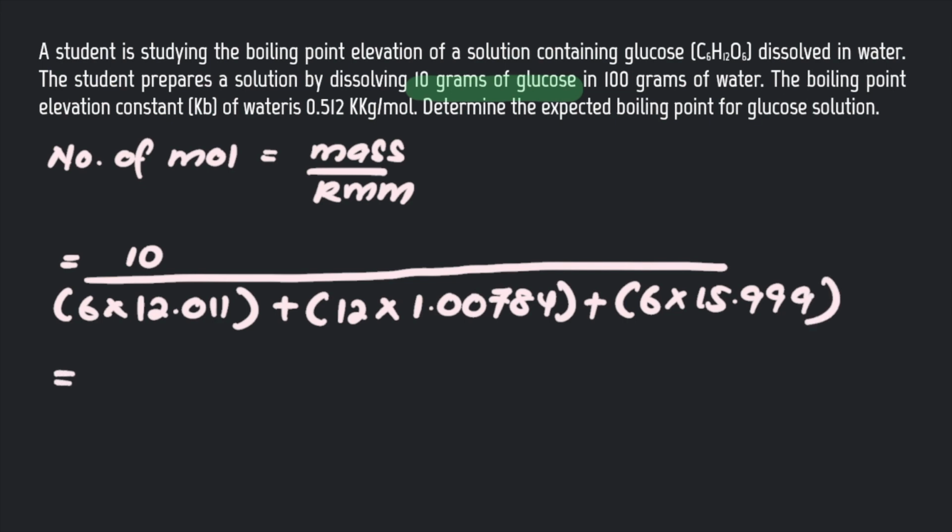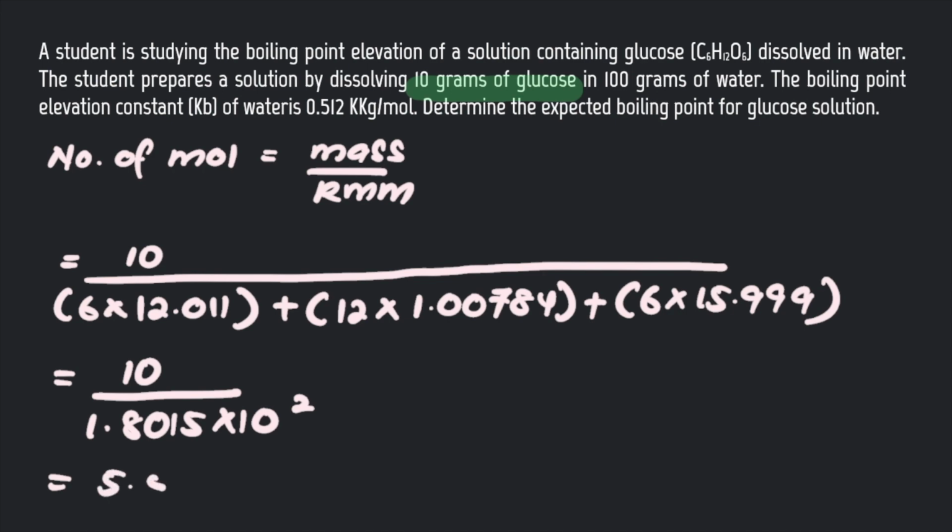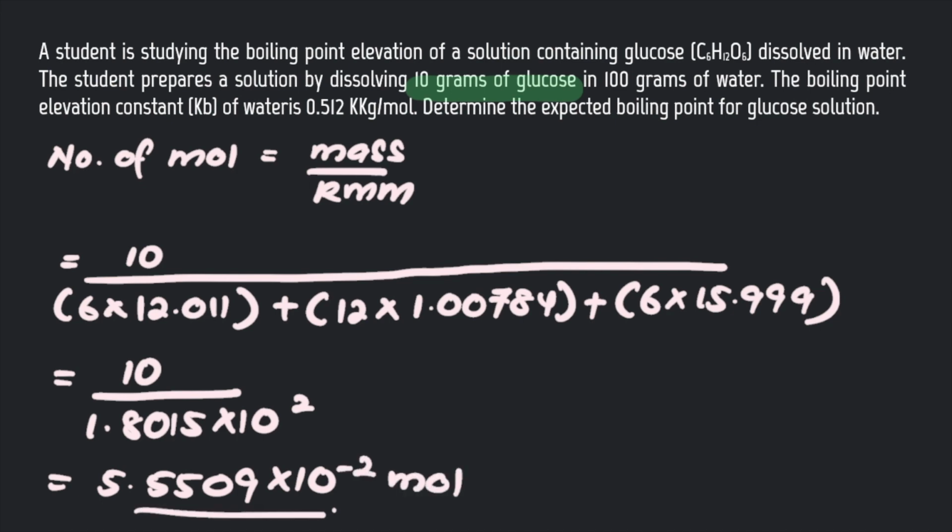So it's equivalent to 10 divided by 1.8015 times 10 to the power of 2. Hence, the number of mole is equivalent to 5.5509 times 10 to the power of -2 mole of glucose.